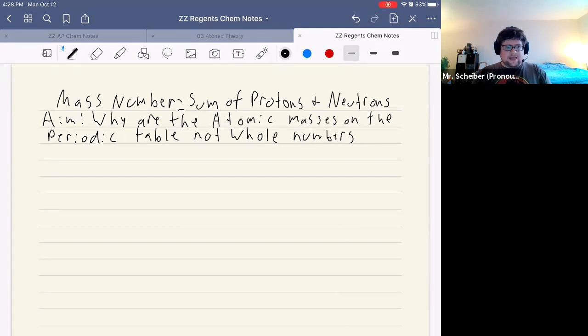See, in any sample of an element that you grab in nature, any sample in nature inevitably will have multiple isotopes.